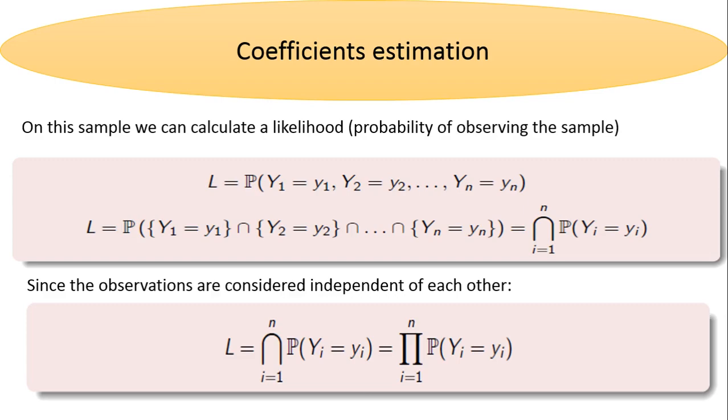So in the maximum likelihood method, the first thing is to estimate the likelihood of our joint function. The likelihood is the probability to observe our sample, which means that for each of our n independent variables, the likelihood is equal to the probability that y1 takes its realization for the first observation, y2 takes its realization for the second observation, and so on.